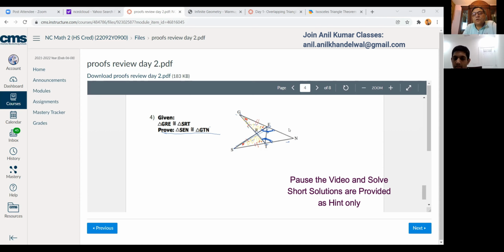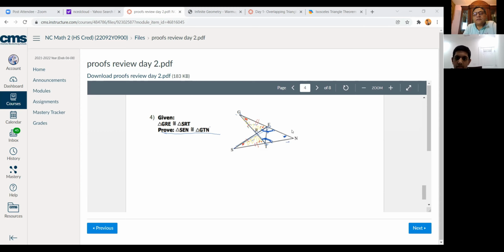So we have these two sides also equal, and the angle N is common, correct? So from AAS, now AAS can work because the other angles are also equal, right? So you can say that these two triangles are now congruent. Is it okay? Yeah.